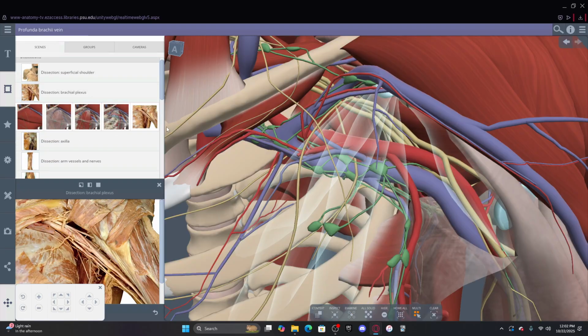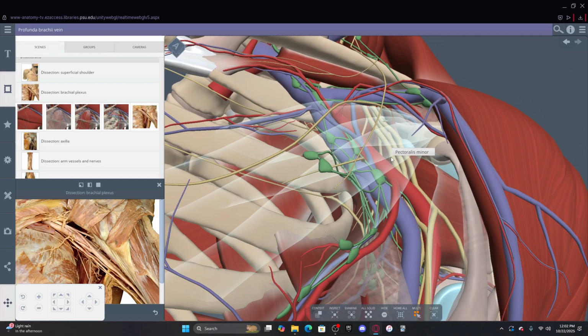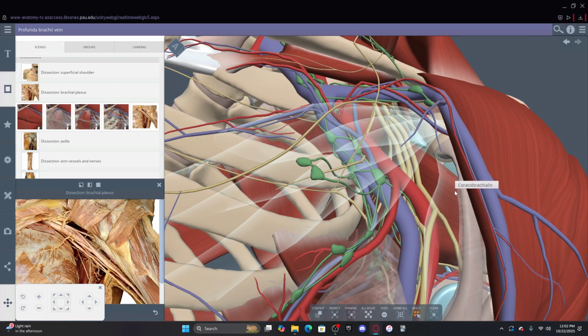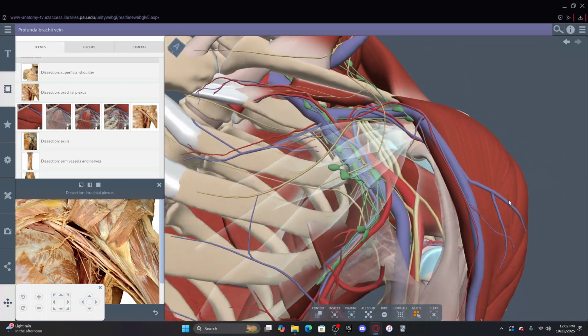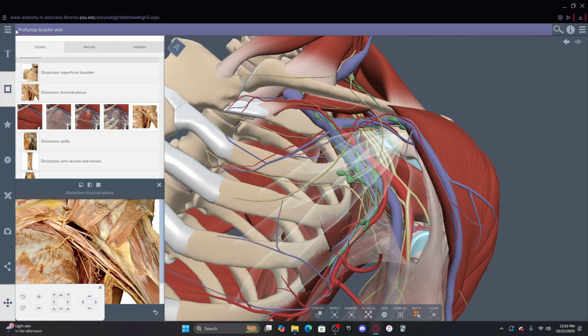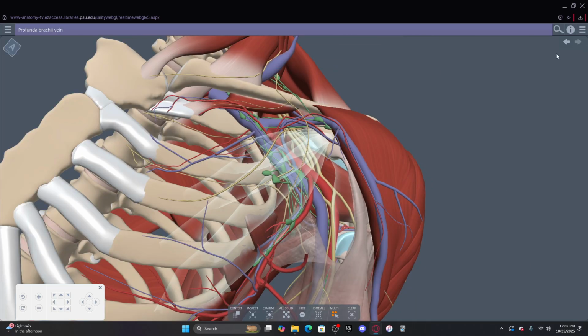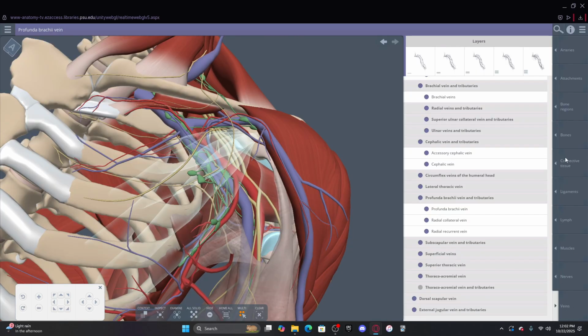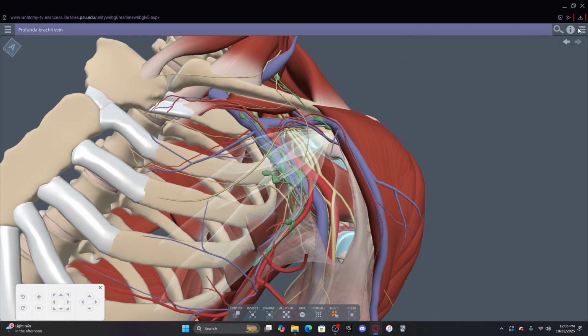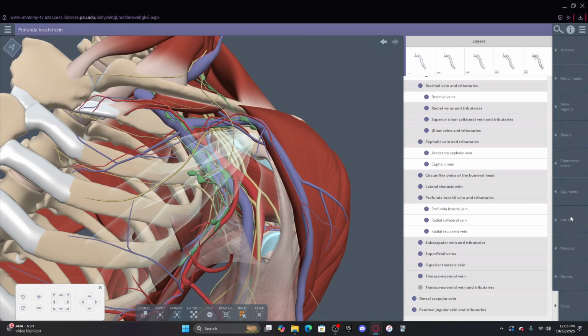So brachial plexus here. The brachial plexus is known as a network of nerves or branches, as I said previously. We're going to go through it slowly, and I'm just going to highlight the cords and the terminal branches. So let me just remove the lymph.